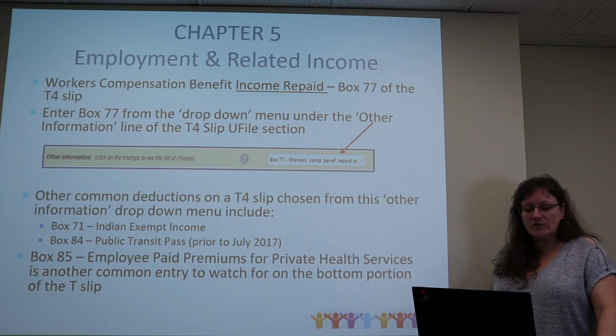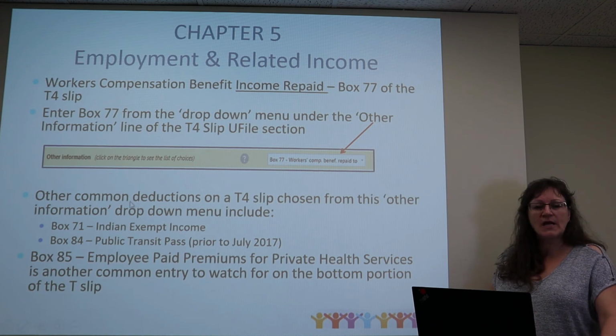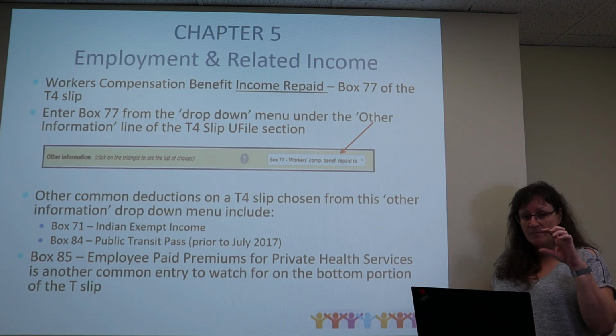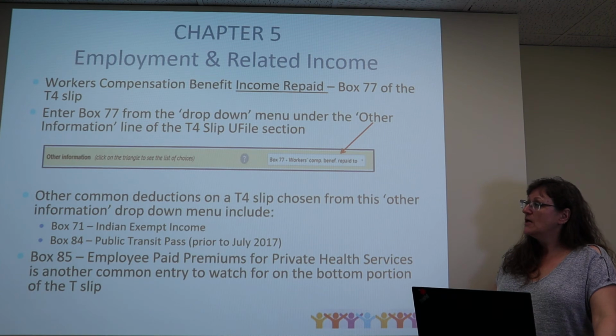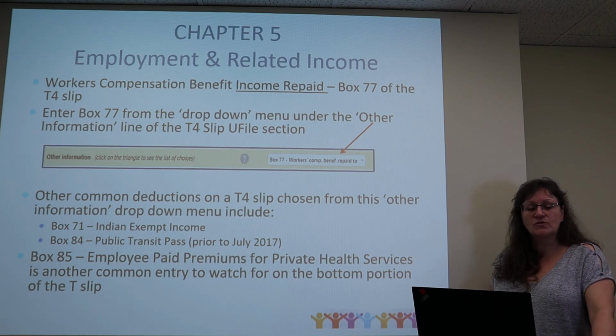Click on the triangle to see the list of options. When you click on the triangle, you'll see that there's actually quite a number of different options that may be the codes that are reporting for specific boxes that are on that bottom section of your T4. You would choose the one that applies. In this case, it is workers' compensation benefits repaid.